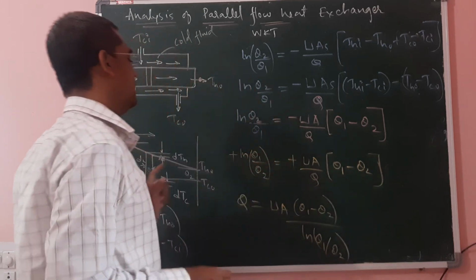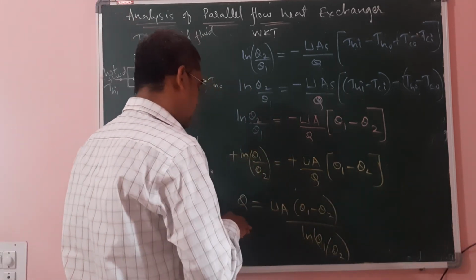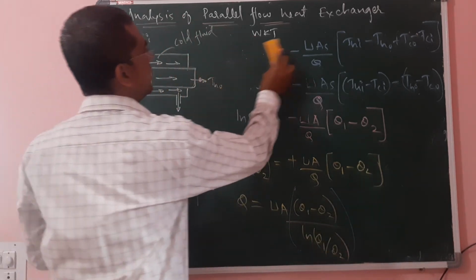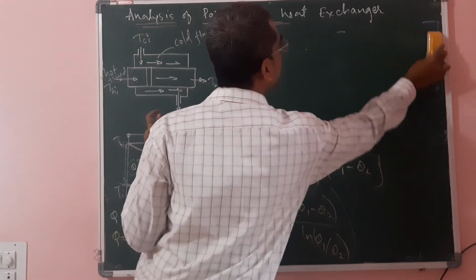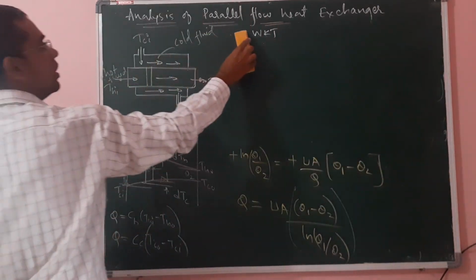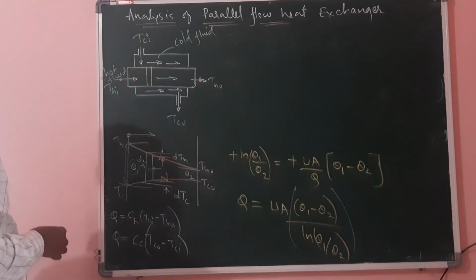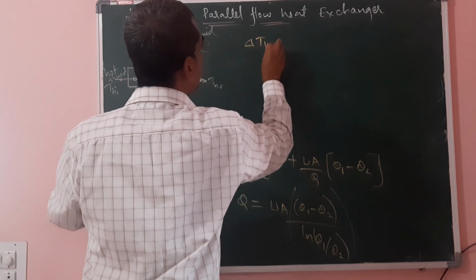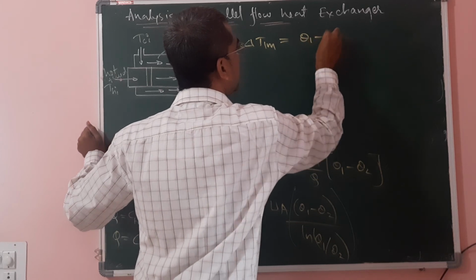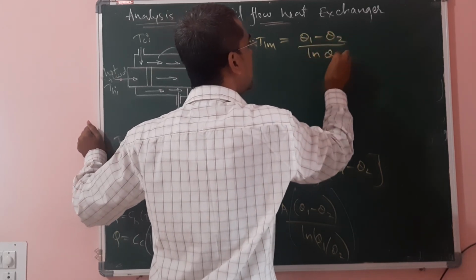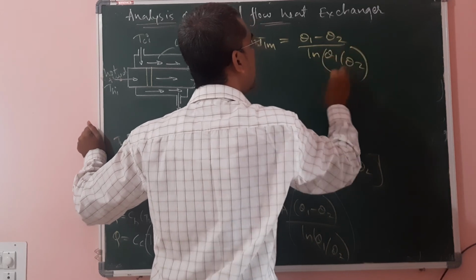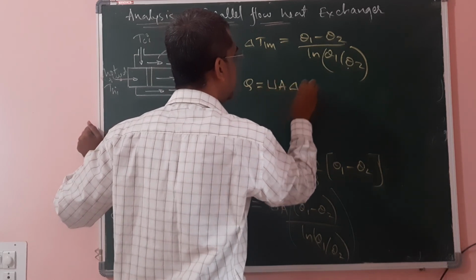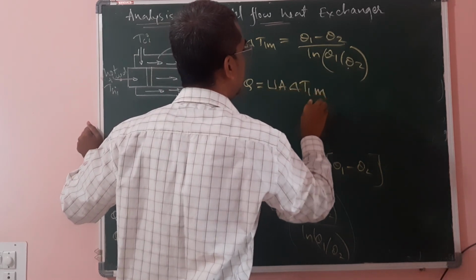This term we will call the log mean temperature difference, delta T LM, equal to theta 1 minus theta 2 divided by ln of theta 1 by theta 2. Therefore, Q is equal to UA into delta T LM.